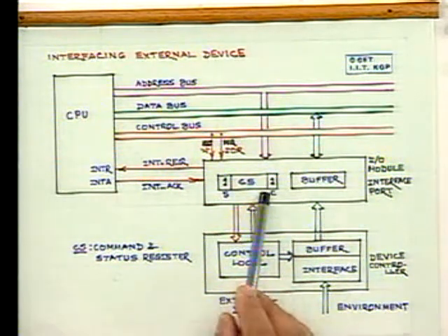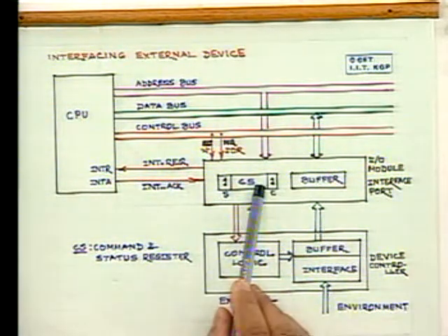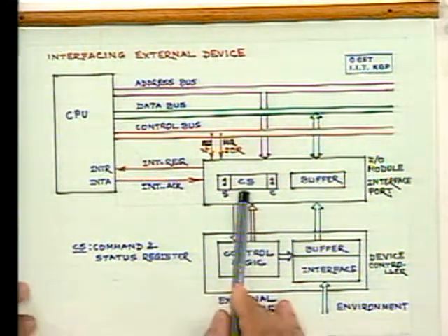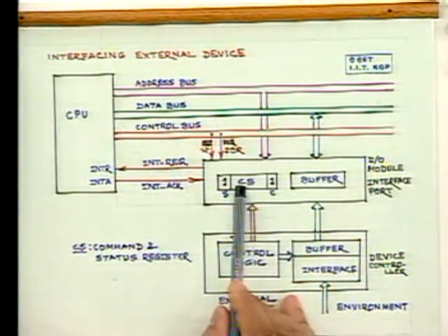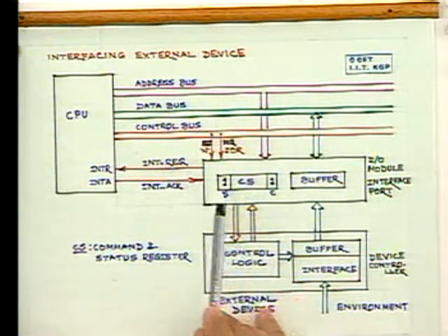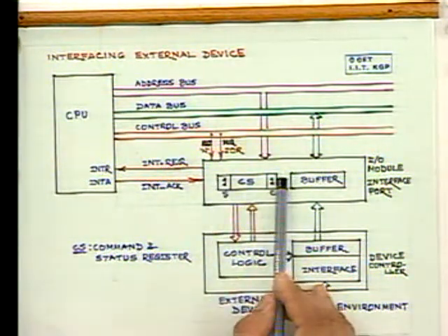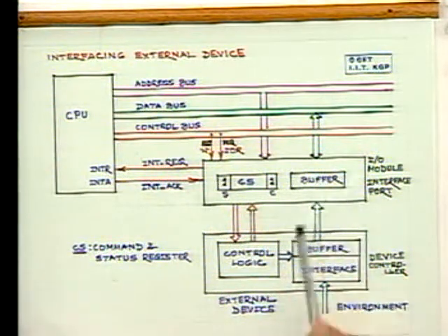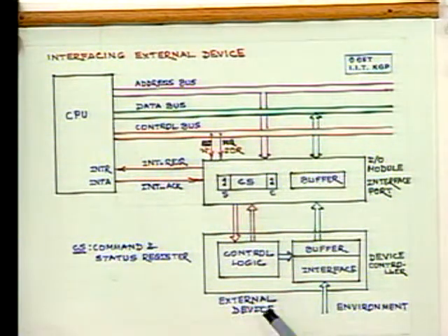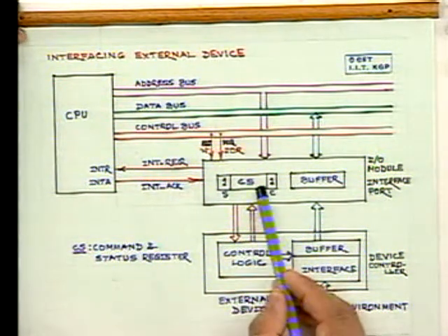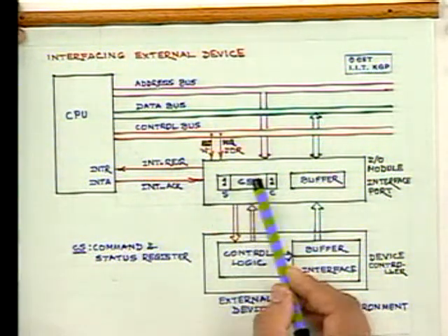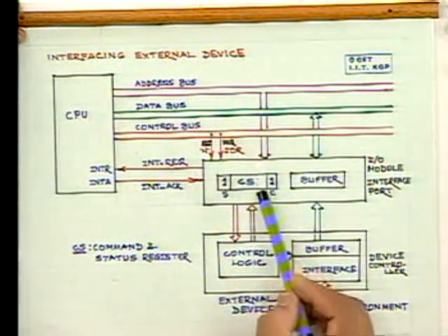Another important point is that we have put the command and status register as a single register. But in the case of devices which are a little bit more complex, like the disk drives, the command and the status registers may be different.